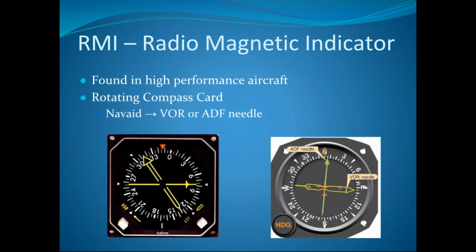So, radiomagnetic indicators. This is just using both an NDB and a VOR. It'll pick up a VOR and an NDB to give you a more accurate indication of where you are relative to the different stations. Just kind of helps us pinpoint more accurately where we are in the sky. But once again, this isn't found in our modern jets anymore, really at all.